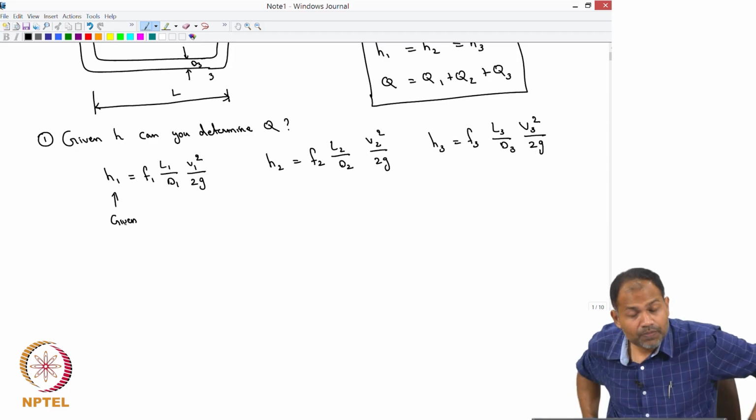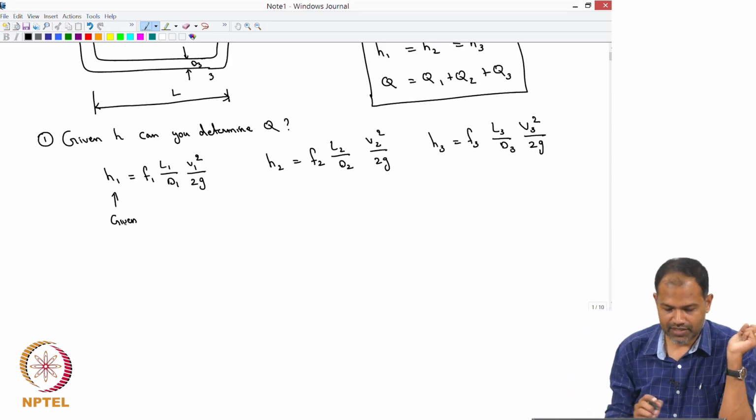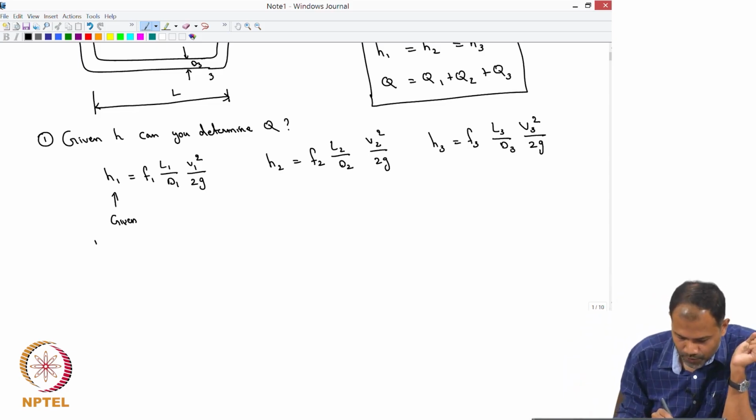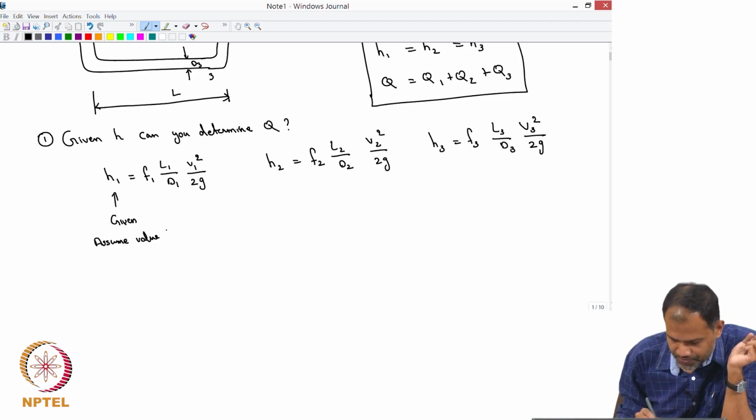So there is no simple way to calculate it except that you have to assume a value for V1, calculate the Reynolds number, calculate F1, and then see whether that F1 is consistent with V1.